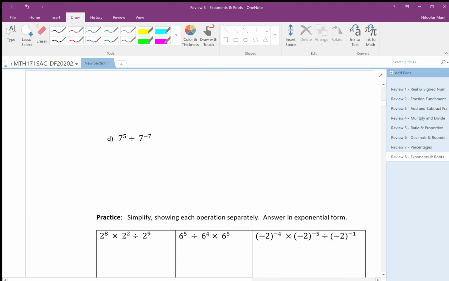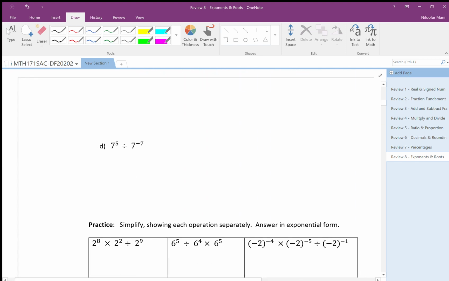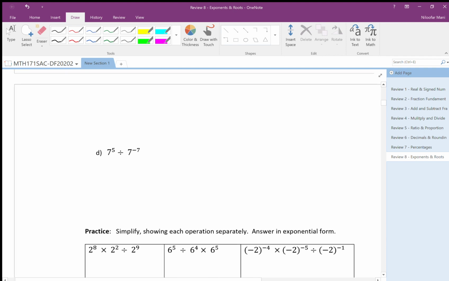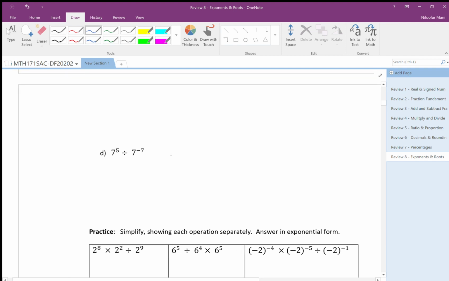Okay, how about here? How about this one? So 7 power 5 minus 7, which is 7 power 5 plus 7, which is 7 power 12. Oops.